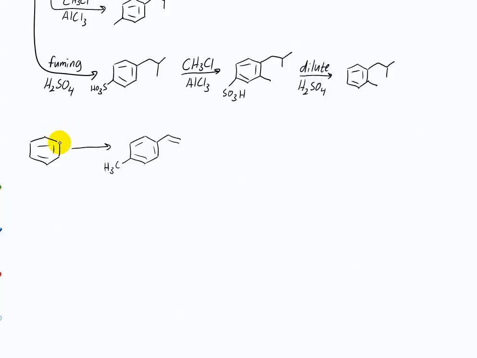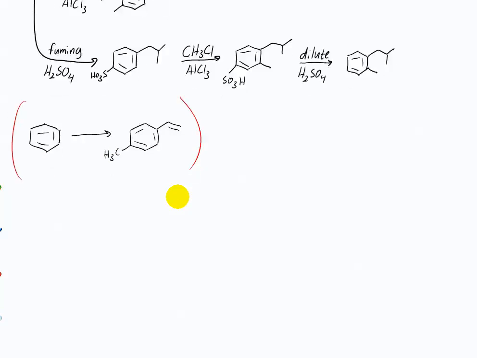Actually, that's not going to work the way I've drawn this. Let's see how I can get out of this. Yeah, we need some further chemistry. We'll talk about this later. Remember this? We need a couple more reactions. We'll get back to that. Sorry, I got lost. Okay. Let's go on to some other stuff. We'll get back to that.